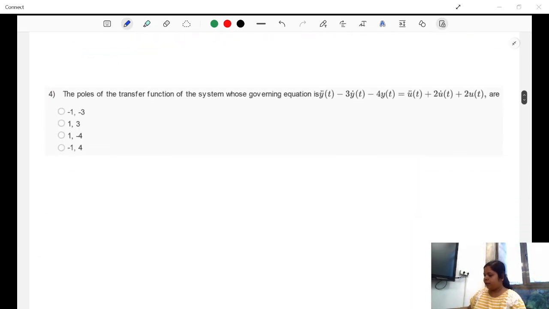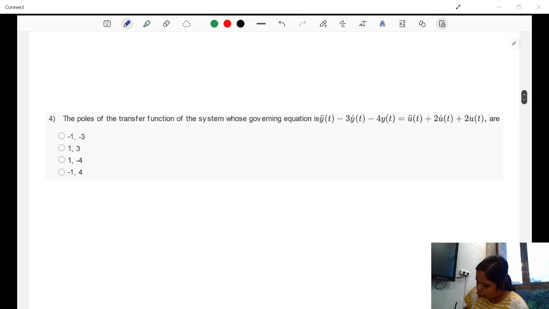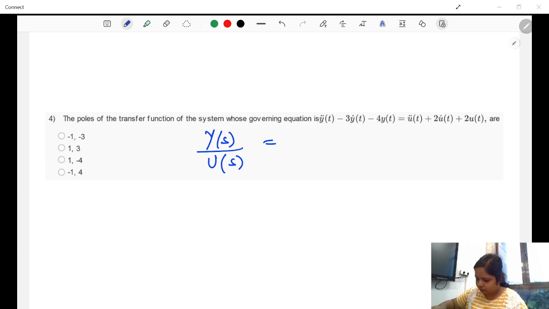Okay, so it has been covered, the poles of the transfer function. Can someone tell me what you would get for Y(s) upon U(s)? We want to get the transfer function. Once we have the transfer function, we would have some characteristic equation.